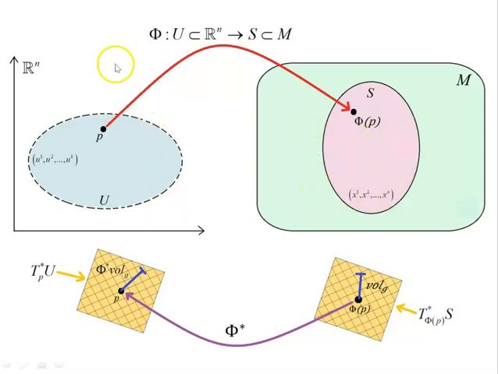Here is our map, which takes us from Rn space, n-dimensional Euclidean space, of coordinates U1, U2 up to UK.